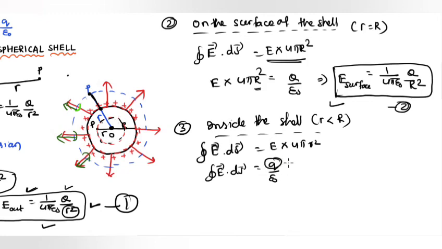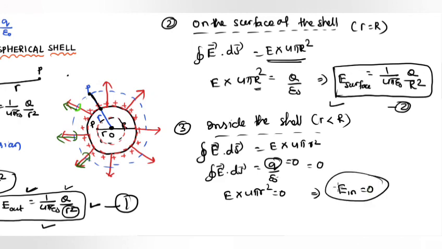So this Q will be 0. So 0 by epsilon naught is also 0. So I can write E into 4 pi r square equal to 0. That implies E inside is equal to 0. So we got that the electric field intensity due to a spherical shell at a point inside it is 0.